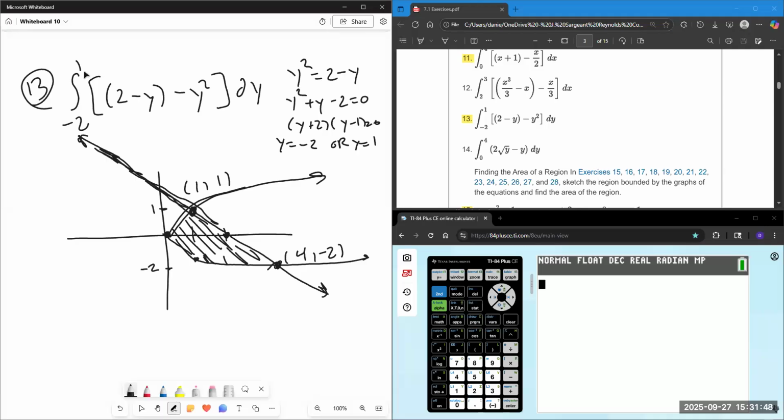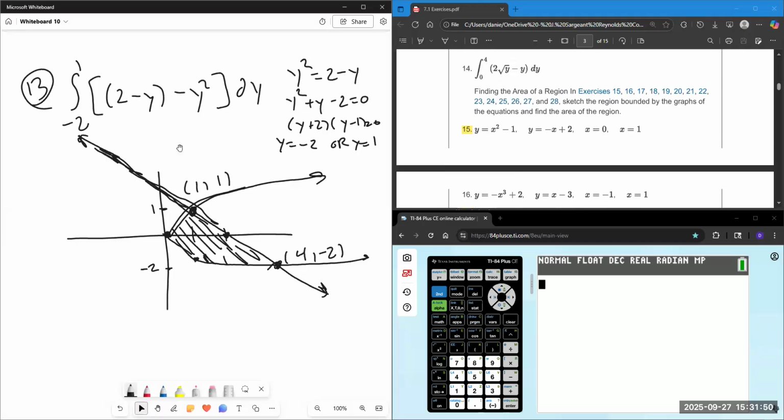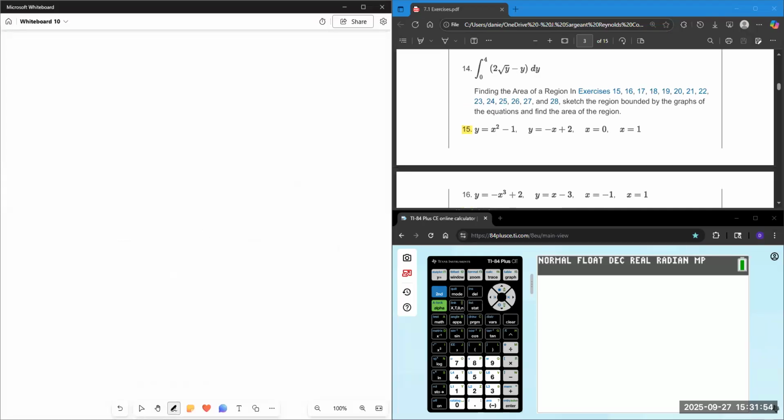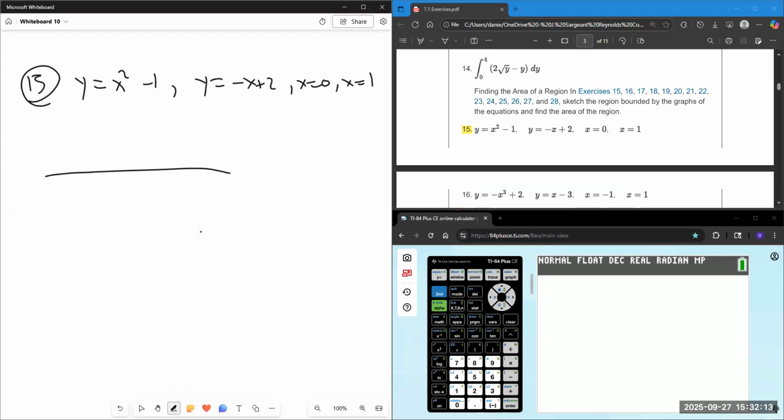Let's look now at number 15. y is equal to x squared minus 1, y is equal to -x plus 2, x equals 0, x is equal to 1. We need to sketch the region, and then we need to integrate and find the area.